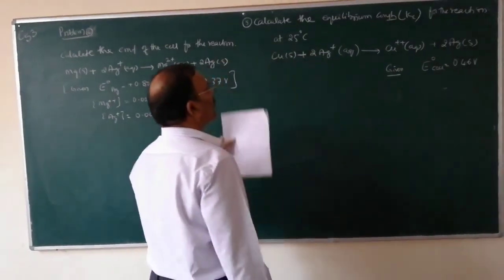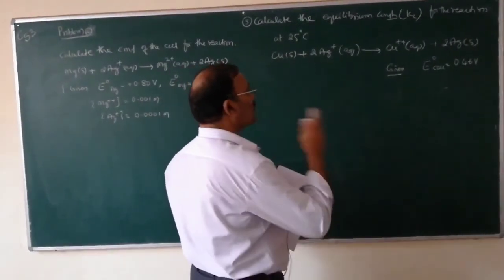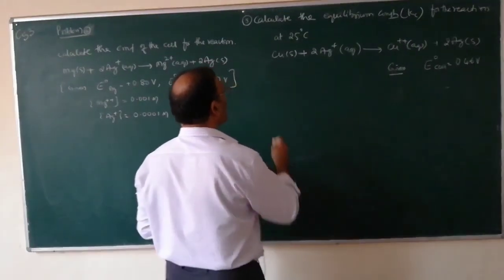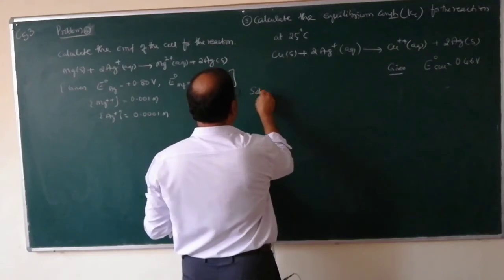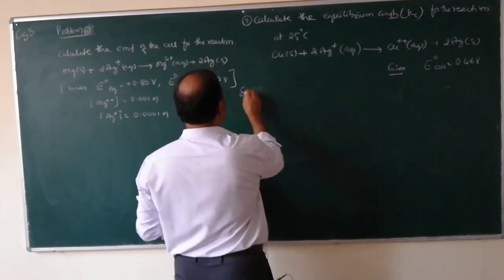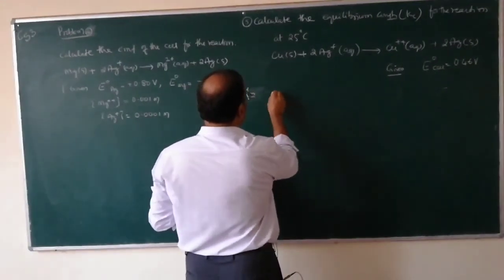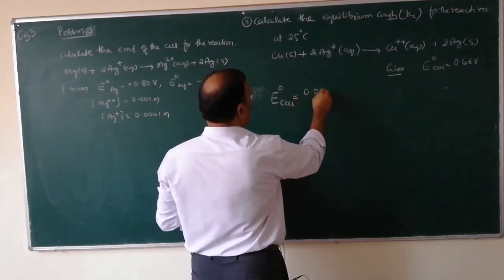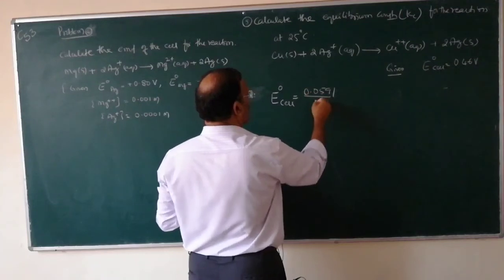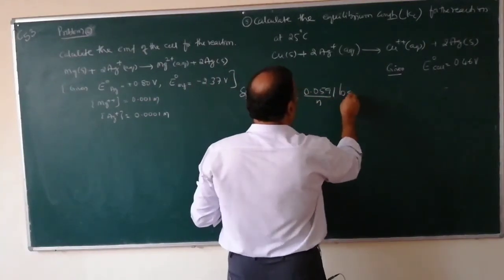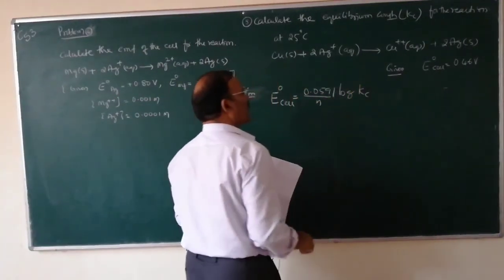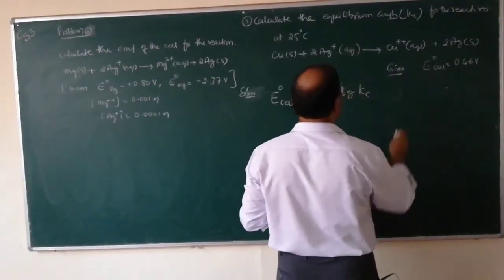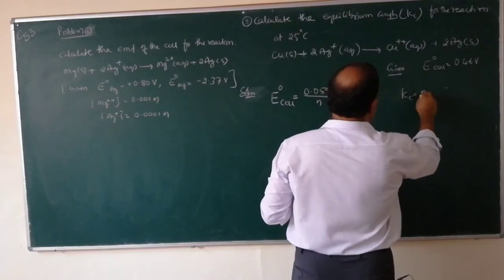So we have to calculate equilibrium constant. What is the relationship between equilibrium constant and E naught of cell? So this is the solution. E naught cell equals 0.0591 divided by n log of Kc, where Kc is called equilibrium constant.